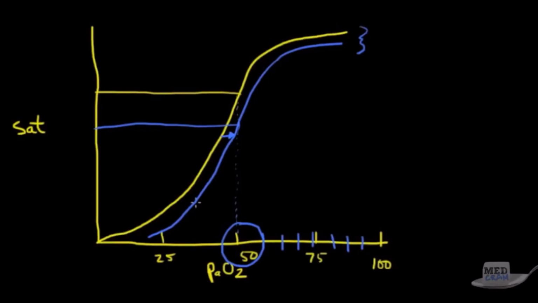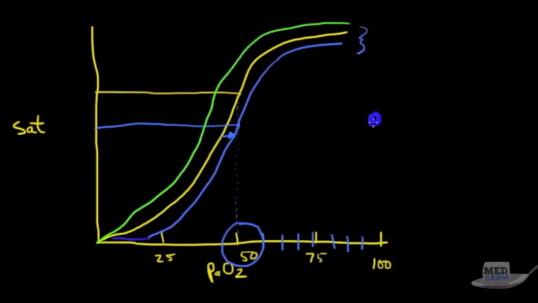And so the blue hemoglobin binding curve is more apt to be less saturated at a given PO2 than the yellow one. And that's important because this curve is shifting back and forth as it goes through the bloodstream, depending on where it is. So that's something that you should know.